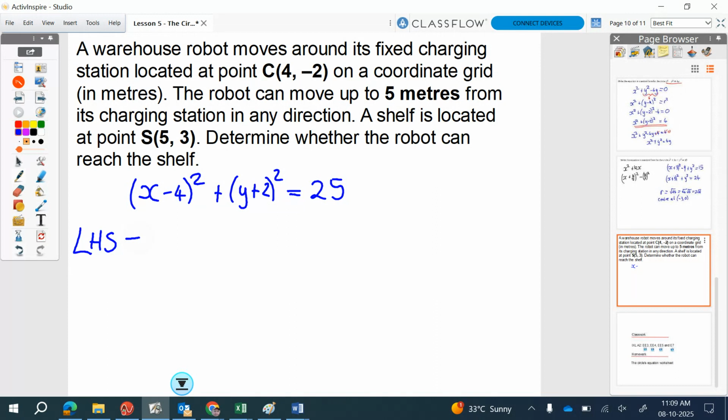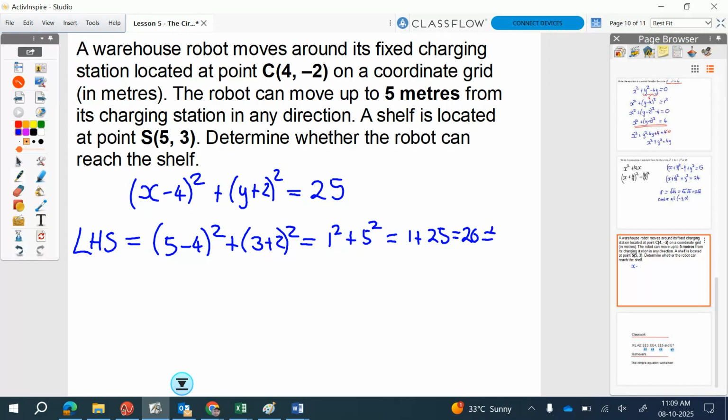The left-hand side is 5 minus 4 squared plus 3 plus 2 squared, which is 1 squared plus 5 squared, which is 1 plus 25, which equals 26. That is more than 25, the right-hand side. So you can't reach.